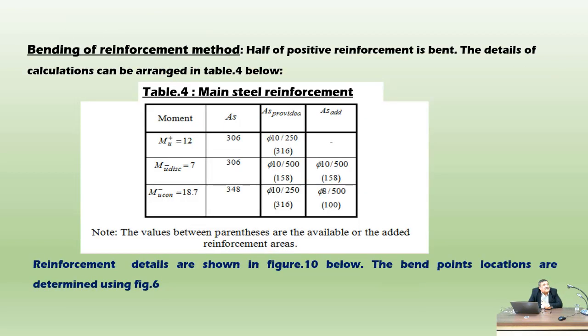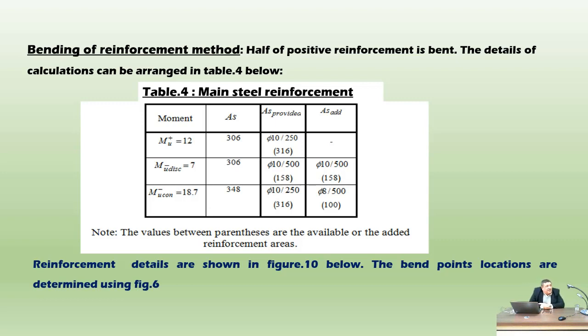Bending of reinforcement method. Half of the positive reinforcement is bent. The details of calculations can be arranged in table 4 below. Table 4, main steel reinforcement.